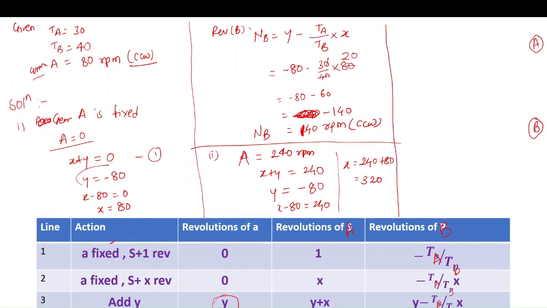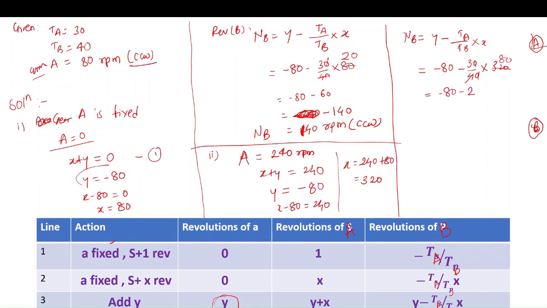The next step will be this: NB equals y minus TA upon TB into x. What is y? Minus 80. What is TA upon TB? 30 upon 40 into x, which is 320. Cancel. 8 threes are 24.